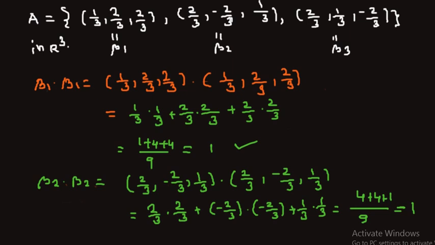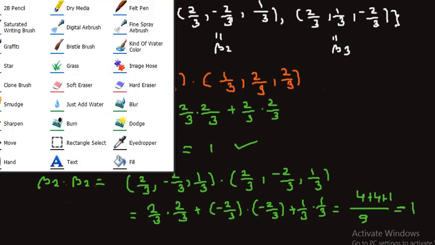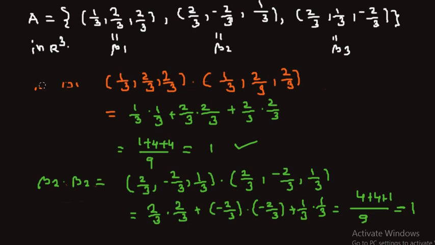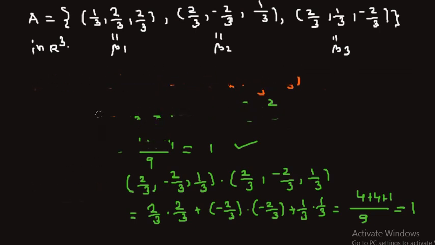Now let me check beta 3 into beta 3. Let me check what we have after multiplying beta 3 with beta 3.